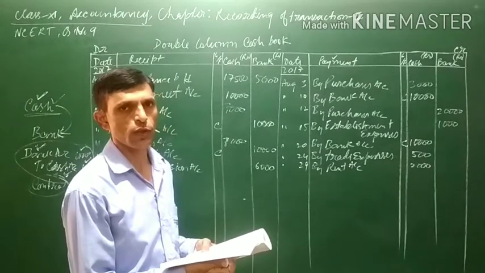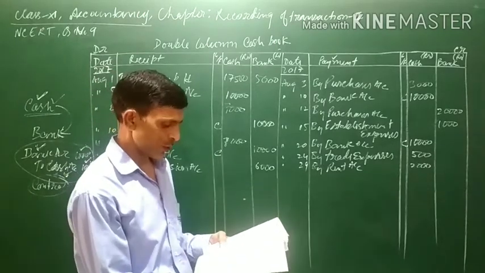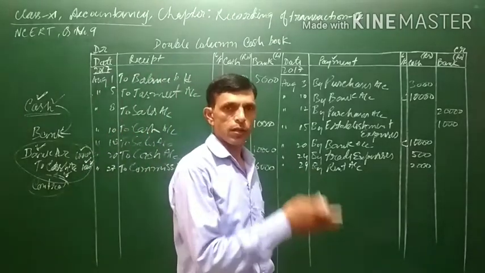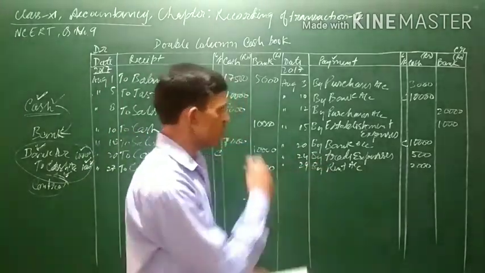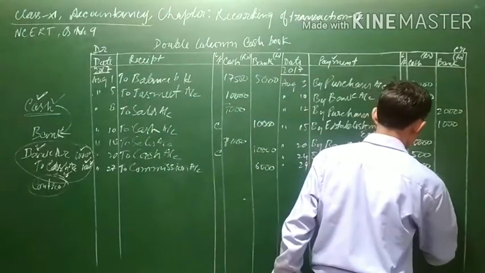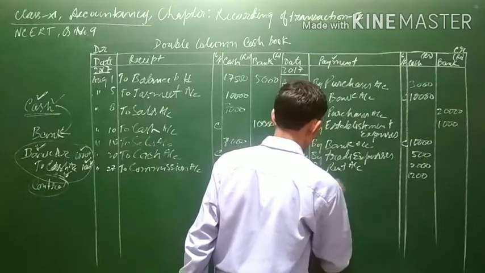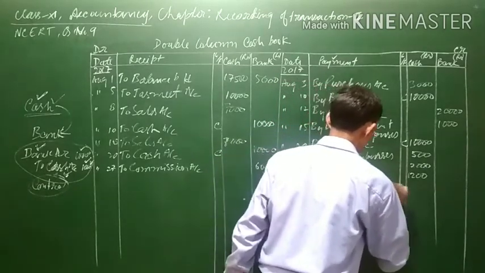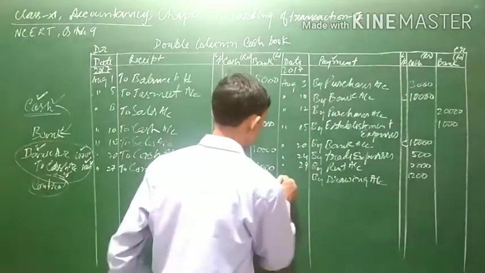Obviously, only the owner can withdraw money, so this will be considered a drawing. Since the money is being withdrawn, the balance of cash will decrease, so it will be written on the payment side. The amount of 1,200 is being withdrawn, so we will write it by drawing account 1,200, and it is on 30.